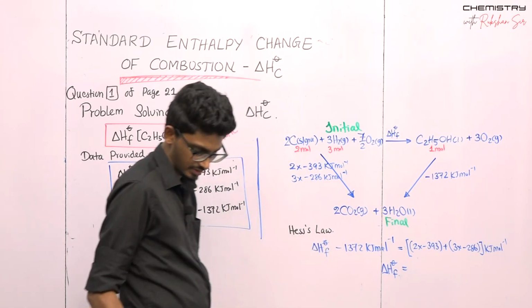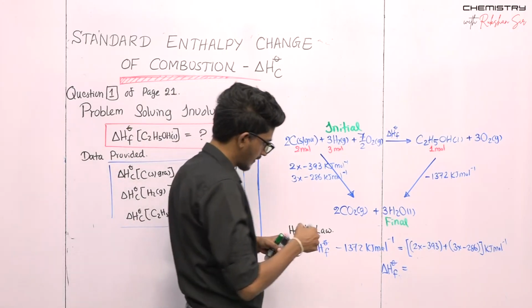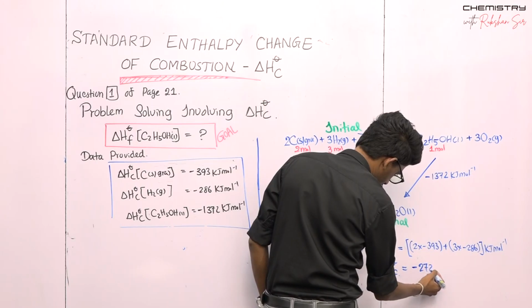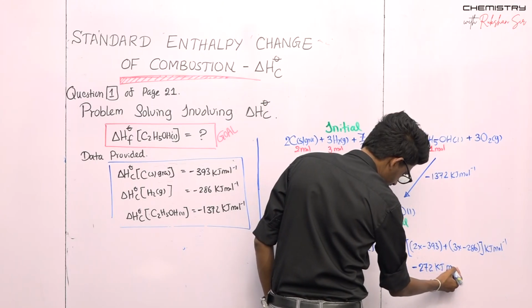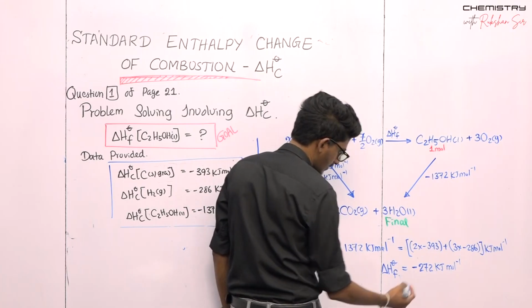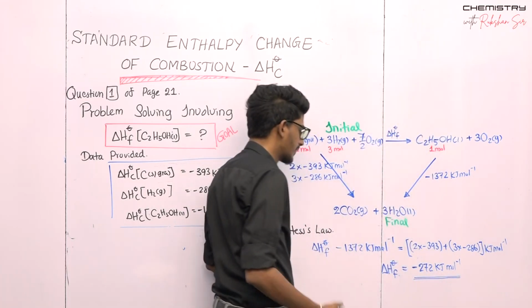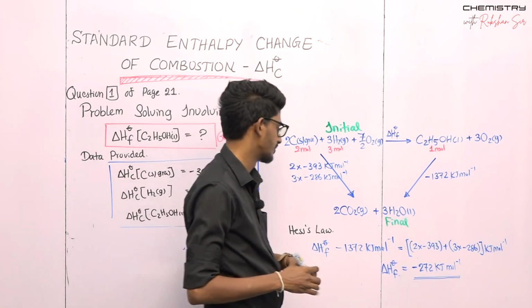That's going to be minus 272, no? The value will be minus 272. Okay, this is the H naught F value, right?